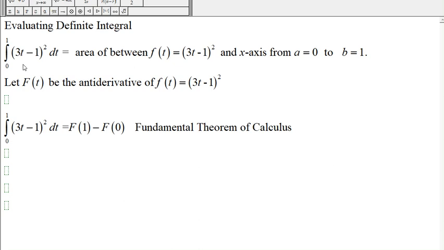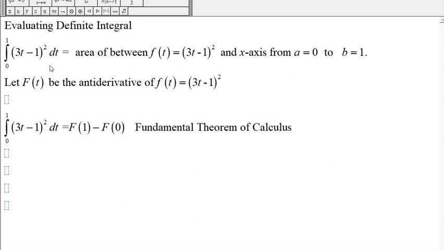Here we have the integral of 3t minus 1 squared, and we want to evaluate it from 0 to 1. Again, this definite integral represents the area between the graph of the function 3t minus 1 squared and the x-axis from 0 to 1.